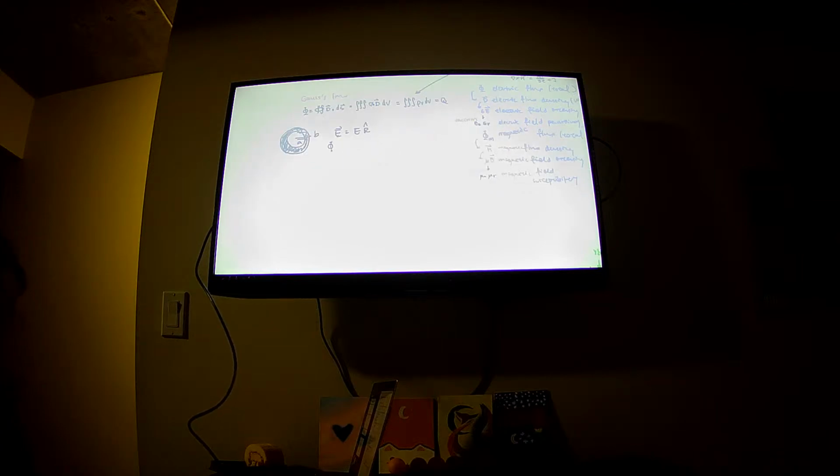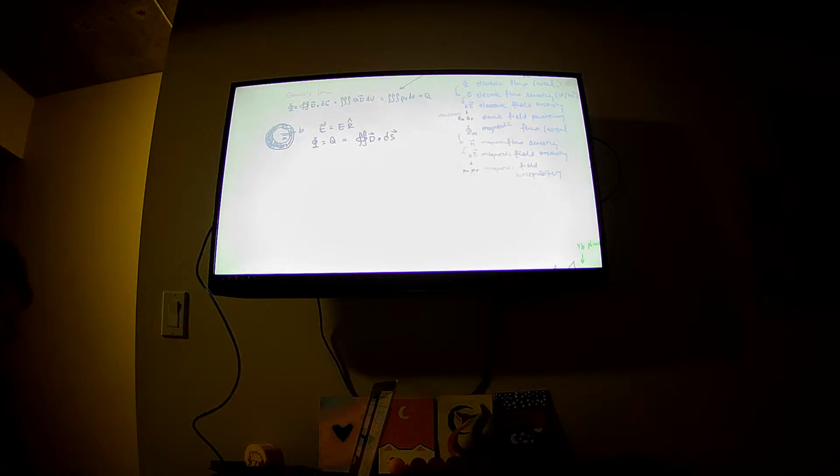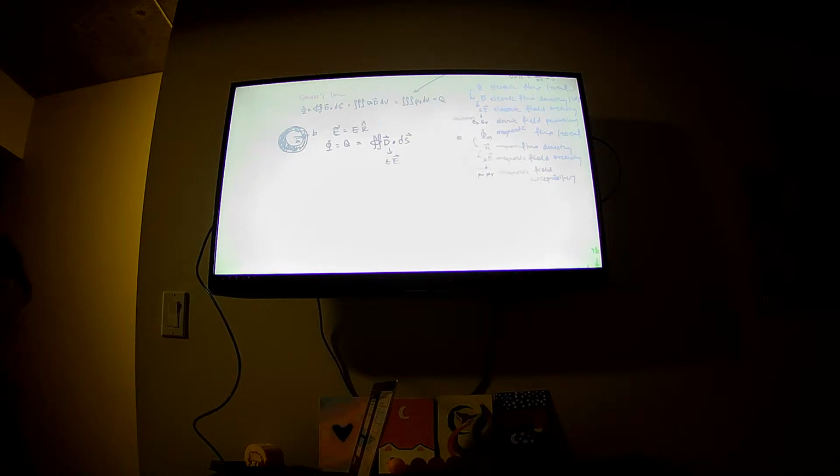My total charge inside is equal to the flux, which is equal to the integral of D inside, and D is, because of proportionality, just something of E, which is what we're trying to find.